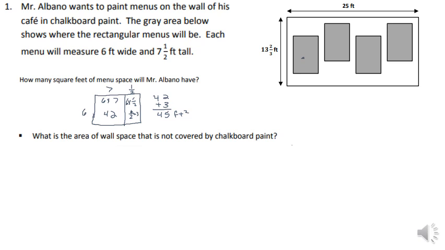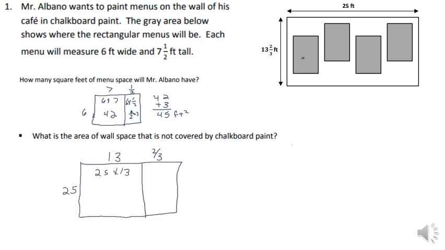Next says, what is the area of the wall space that is not covered by the chalkboard paint? Well, if we continue with our area model, we can see the whole wall is 25, and I'm going to do it this way, 25 by 13 and 2/3. So we can see the first one's going to be 25 times 13, and this is going to be 25 times 2/3, which this one's easy.